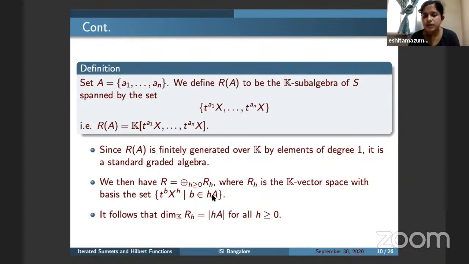This will ensure that the dimension of Rh is equal to the cardinality of the h-fold sumset of A. So our first step is over. Corresponding to a finite set A, we are able to construct a standard graded algebra. Now let us see what Macaulay's theorem is.